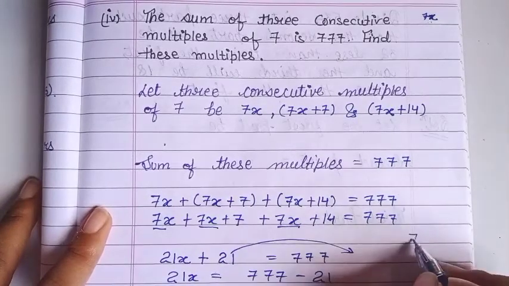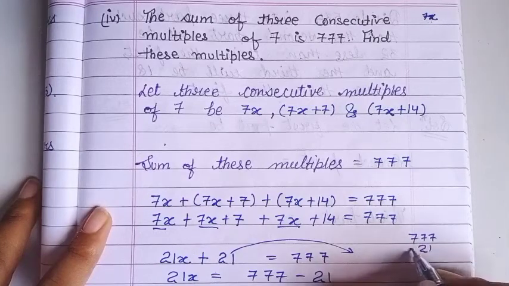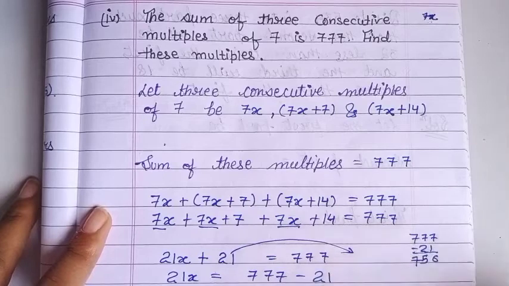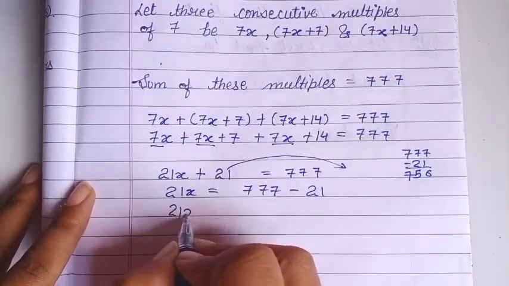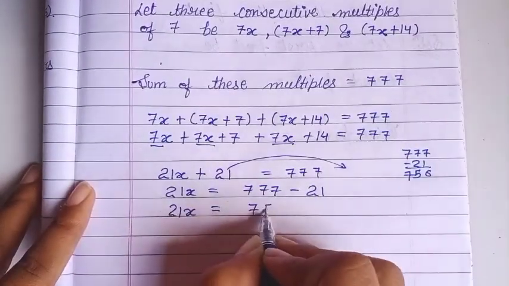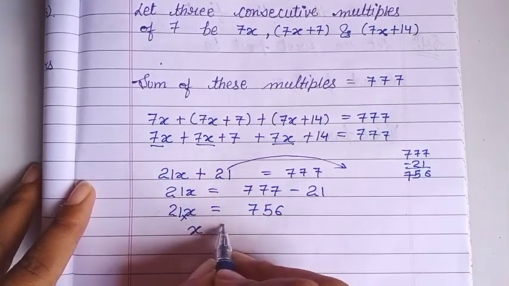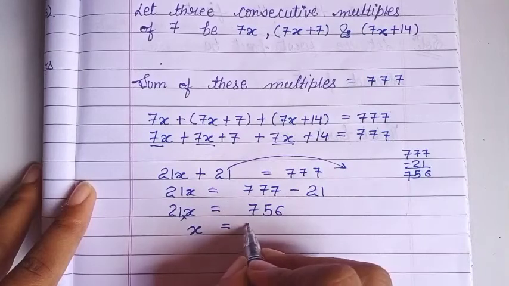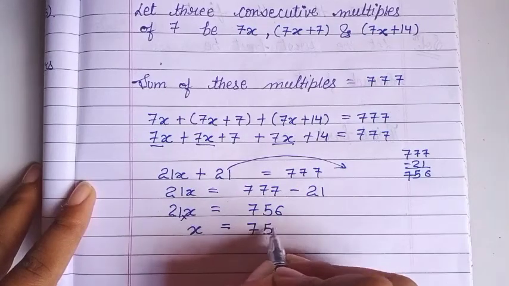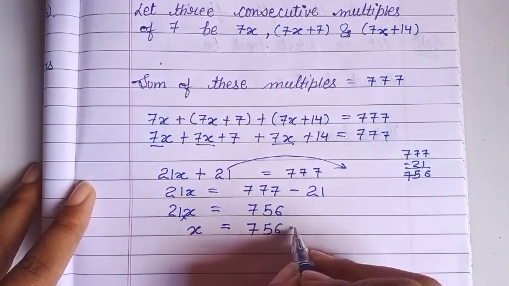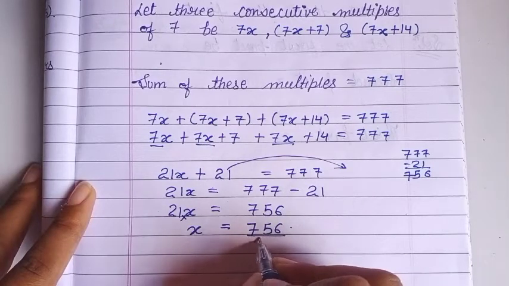Subtract them. 777 minus 21. 7 minus 1, 6. 7 minus 2, 5. 7. So this will be 21x is equal to 756. 21x means 21 multiply x and you want to find the value of x. So move this 21 to the right hand side. After moving to the right hand side, this will become division, right?